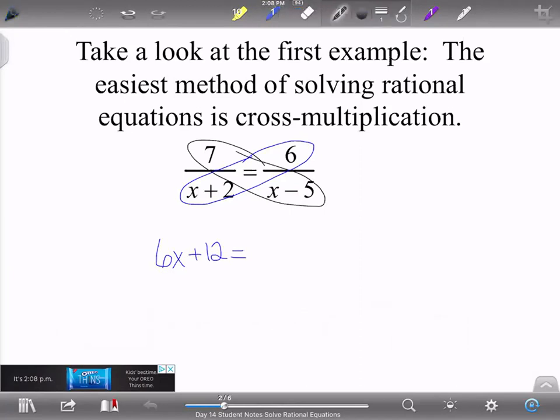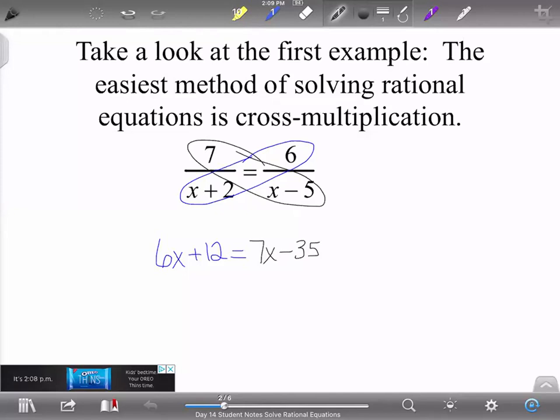For the other diagonal, we're going to have 7 times x minus 5. So then I'm going to take 7 times x, which is 7x, 7 times negative 5, which is negative 35. And now I have no more fractions. So my fractions are all gone.